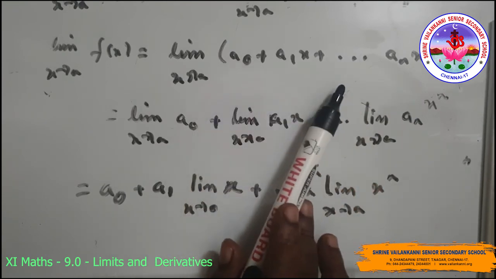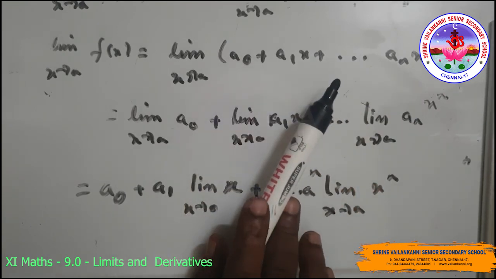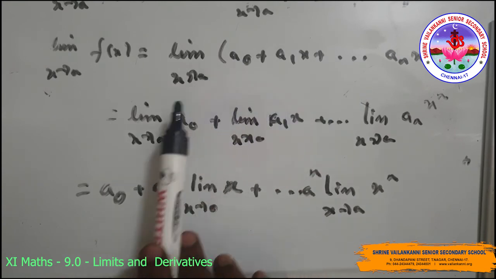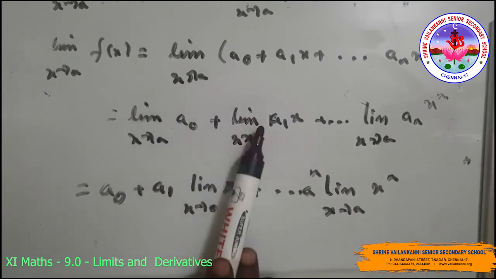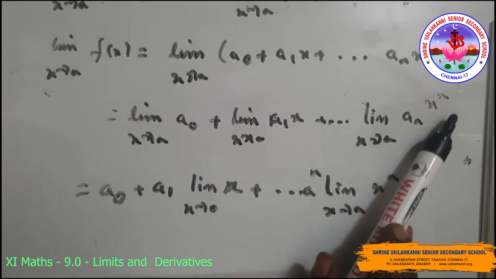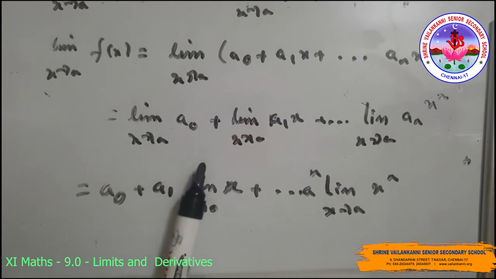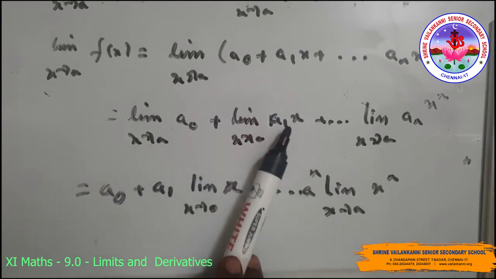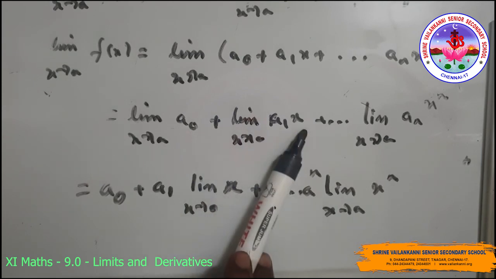So the limit of a sum of functions is the sum of the limits of the functions. So limit x tends to a of a0 plus limit x tends to a of a1x, etc., limit x tends to a of an x power n. So using the theorem, limit of a0 equals a0, plus a1 times limit x tends to a of x.